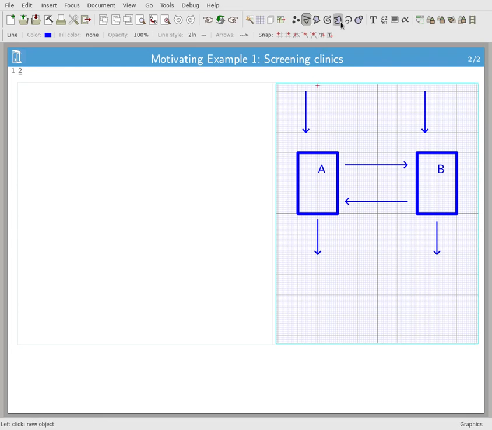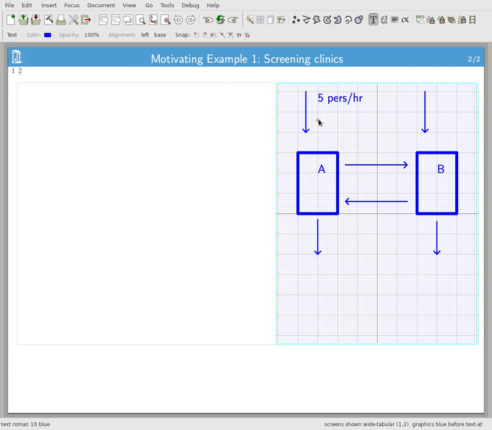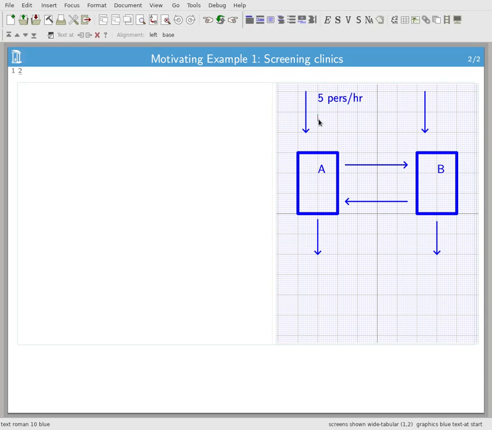As mentioned, the first clinic is the one that is recommended for patients in the low-risk population. So typically you'll see patients there that have a lower probability of having a disease. There's going to be, let's say, about 5 persons per hour coming in to be checked in here, and they will typically have a probability of being infected of 0.2.